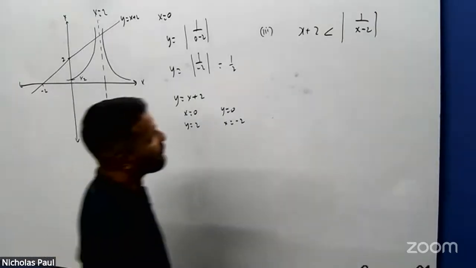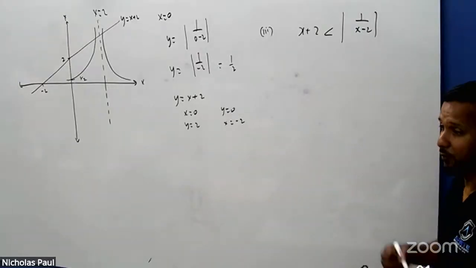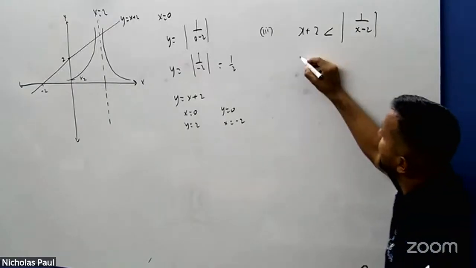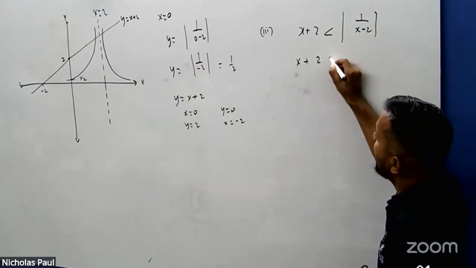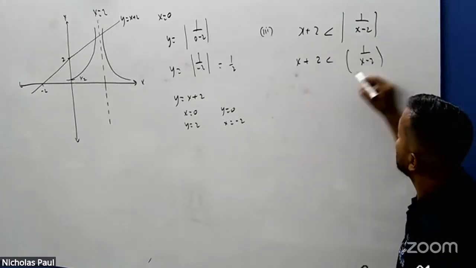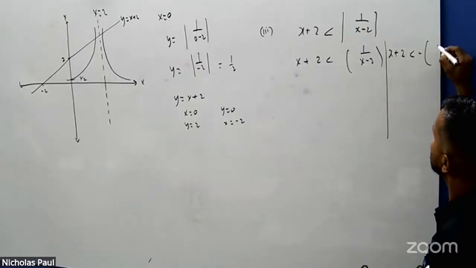How do we solve something with modulus? We can square both sides, or you can do it with it being positive, and you can do it with it being negative.